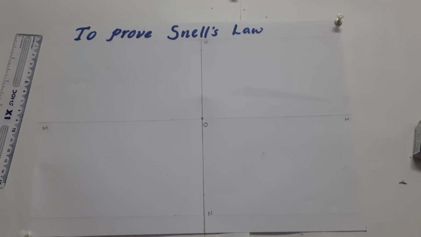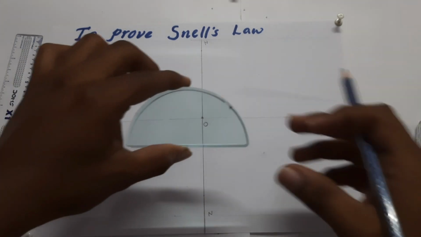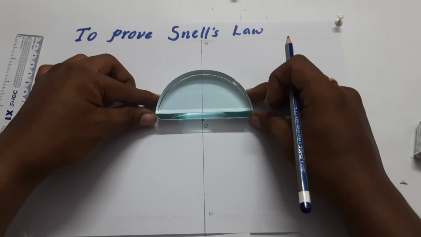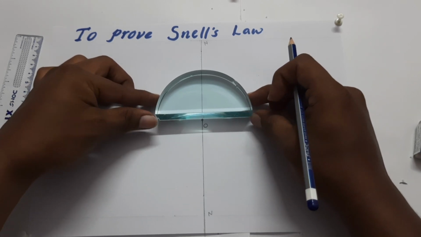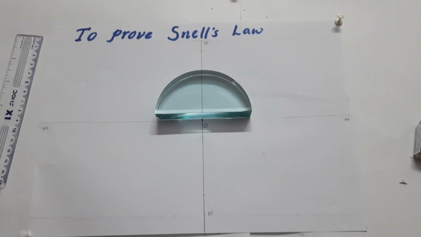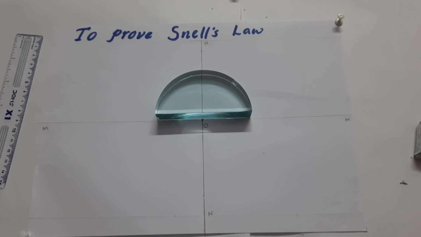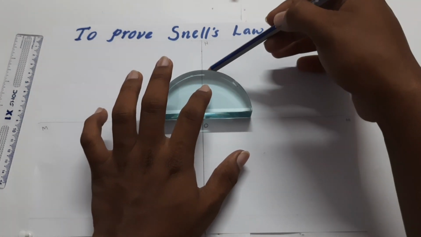Now take a semicircular glass slab and place it on the interface line MM such that the center of the glass slab coincides with the intersection point O, and draw the outline of the semicircular glass slab.